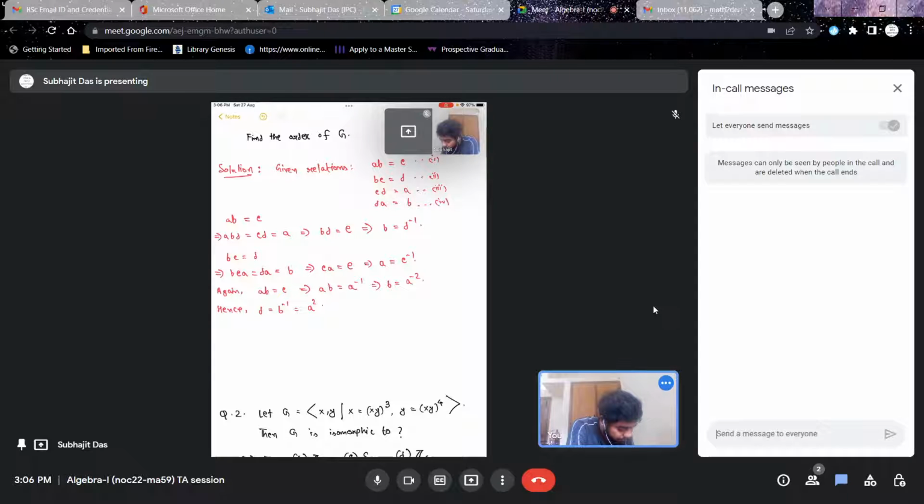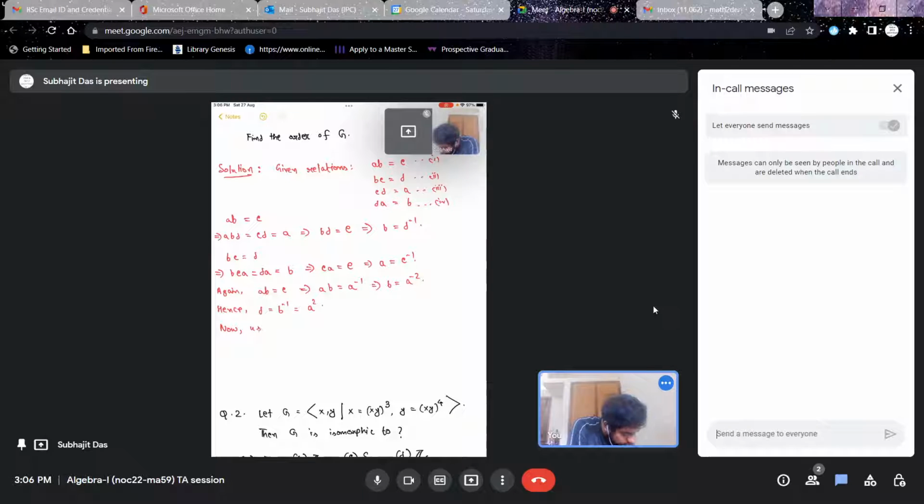We also have this relation, right? So we have B is A to the power minus 2, C is A inverse, and D is A square.